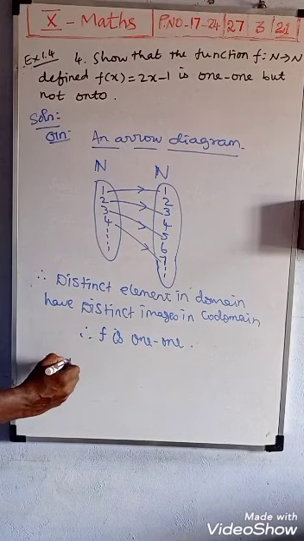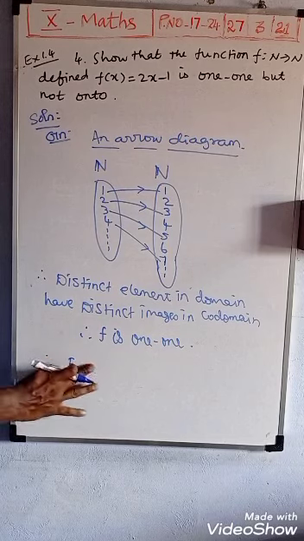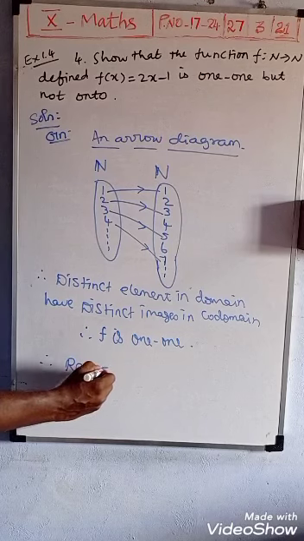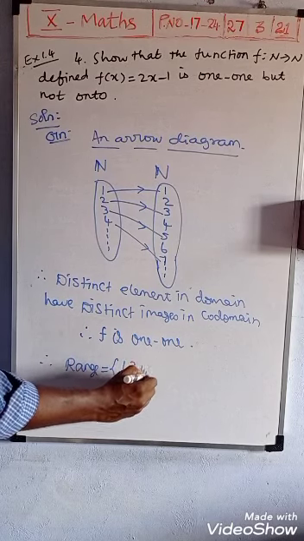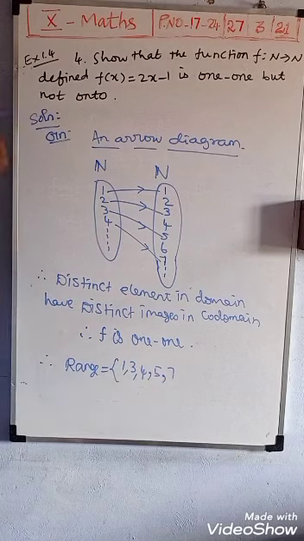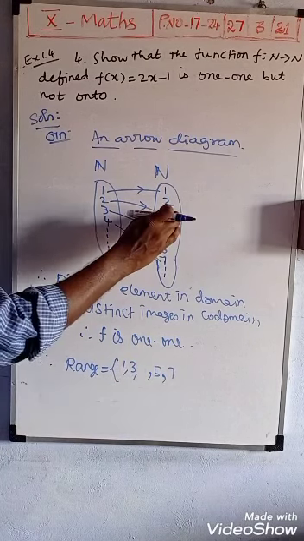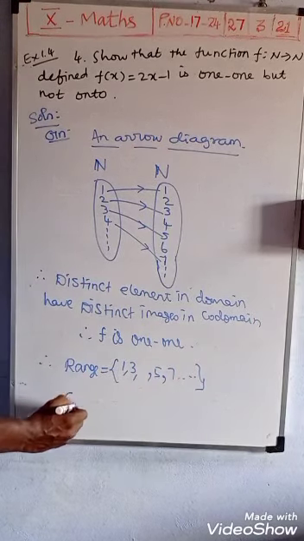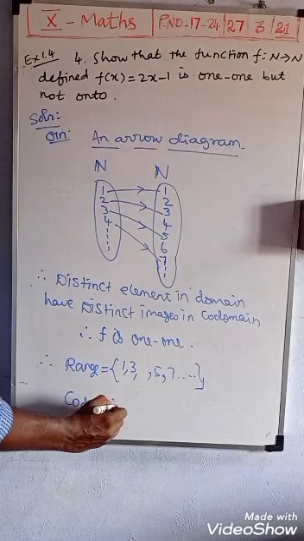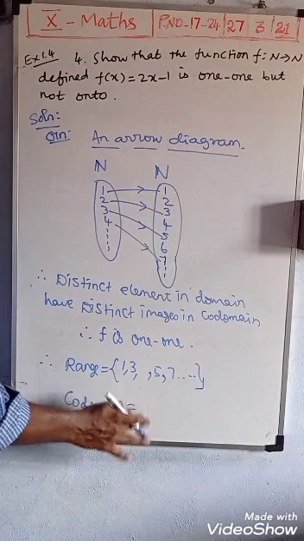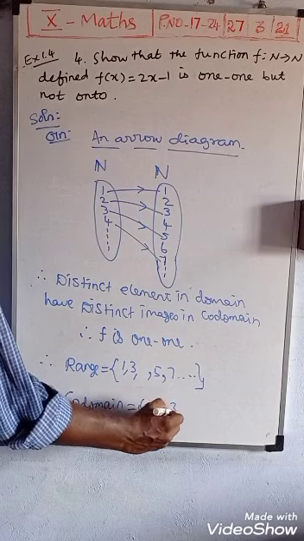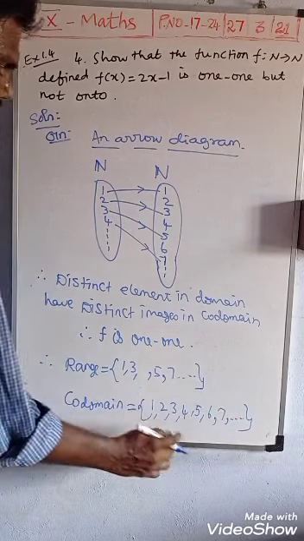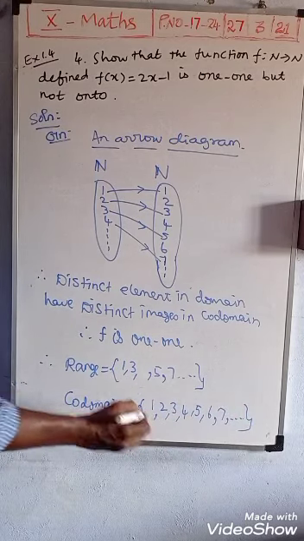It is not onto. Why? Because here you should write the range. Range is 1, 3, 5, 7, and so on. The mapped elements are called the range, but the codomain is natural numbers, 1, 2, 3, 4, 5, 6, 7 up to and so on. These are the codomain elements, so you see it is not equal.